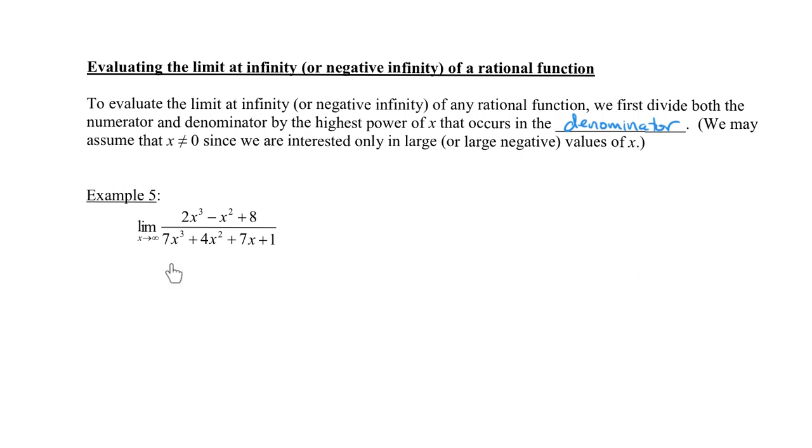So in the denominator, the highest power of x that occurs is x cubed. So we want to divide this whole numerator by x cubed and the whole denominator by x cubed. And the way we show that is we multiply by 1 in the form of 1 over x cubed divided by 1 over x cubed.